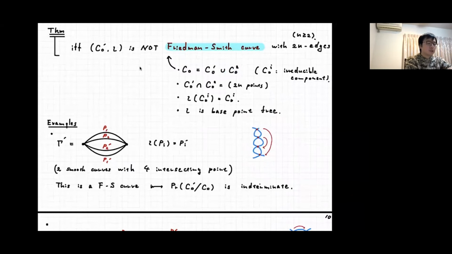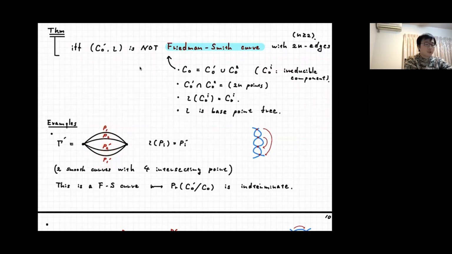One easy example is given as follows. Please consider the graph delta prime defined by this figure. We have 2 vertices and 4 edges. And we assume that the involution is given by mapping P1 to P1 prime and P2 to P2 prime. We obtain such a dual graph.